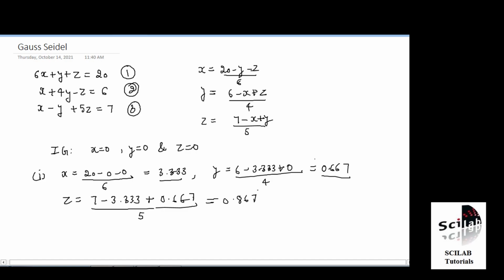So every time when we go for an iteration, we will use the most latest values to calculate the values of x, y and z.